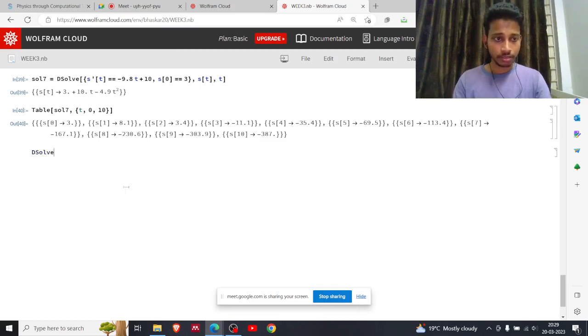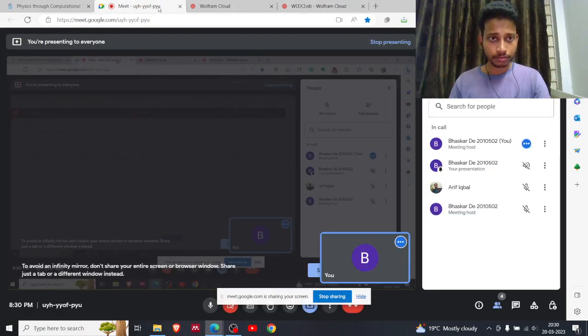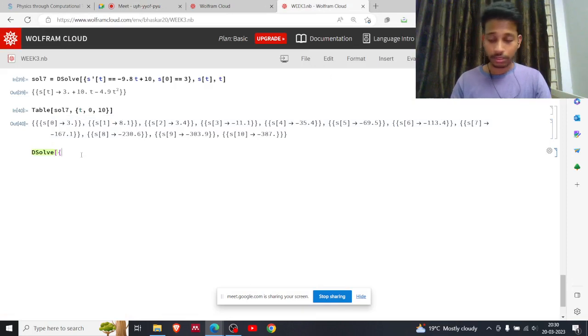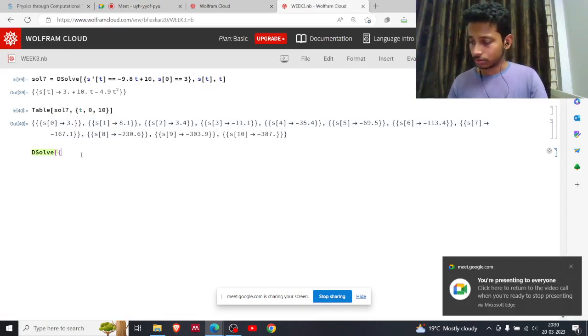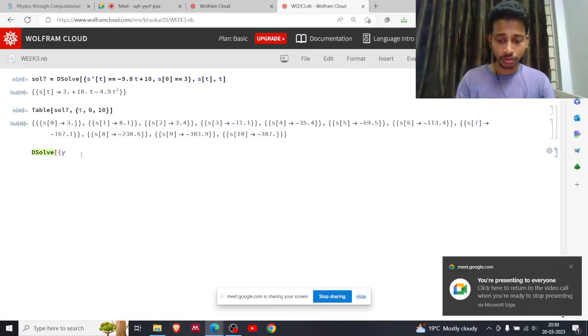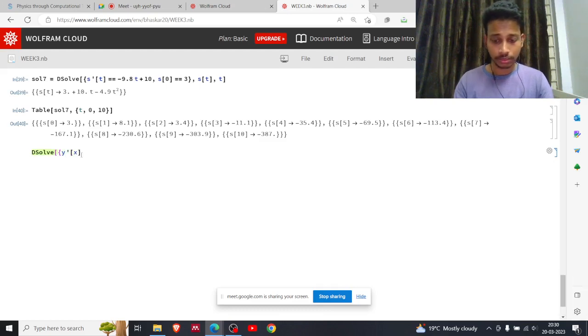Again we get back to the same function, that is DSolve. DSolve y'[x] equals 7 y squared plus x cubed.